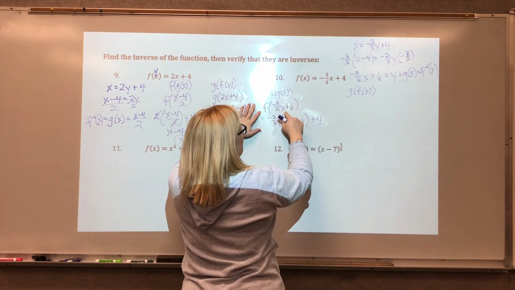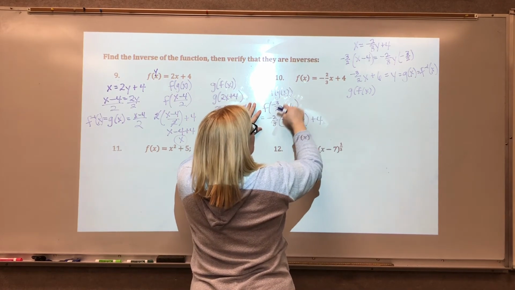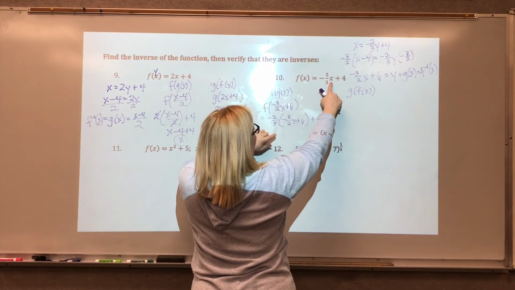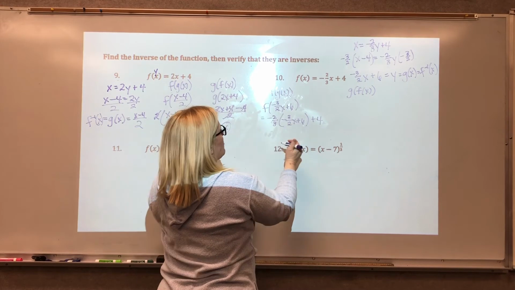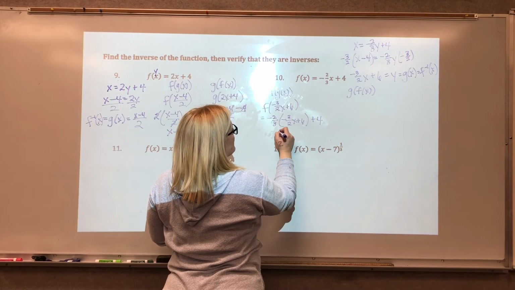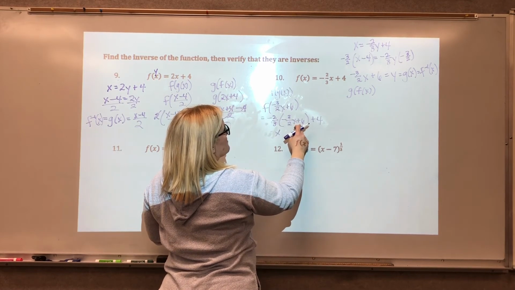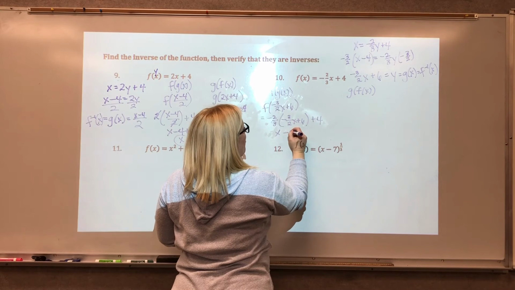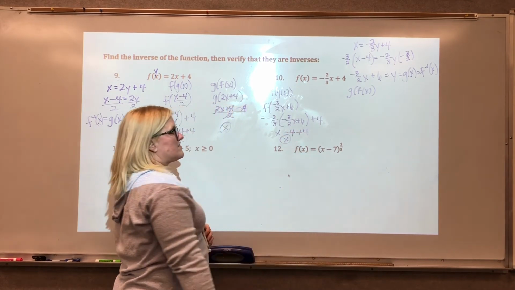Then this goes in for x, which is what I did here. Now I distribute, and I'm going to get x, because these cancel, right? Negative 2/3 times positive x is negative 4, plus 4 gives me x.